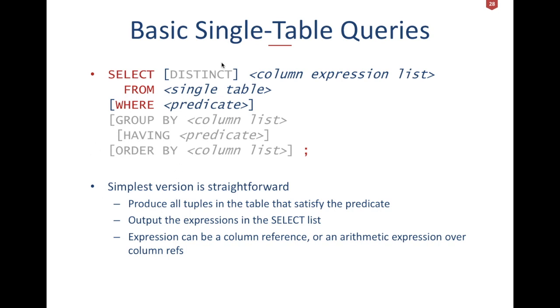So the simplest version is just straightforward. The select produces all tuples in the table that satisfy the where clause, the predicate clause here. The output would be whatever column list you have in this expression. Okay, so it could be a column reference or it could be an arithmetic expression.